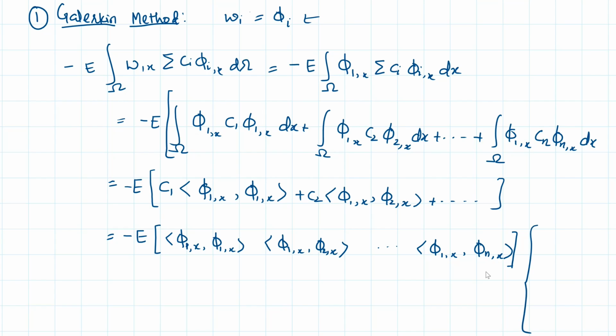Multiplying this row vector is now our column vector, which contains all the coefficients c1, c2, to cn. Notice that there are n elements in this row vector, so this is 1 cross n dimension, and our column vector is n cross 1. So multiplying these two vectors will give us a matrix of dimension 1 cross 1, which is a scalar.